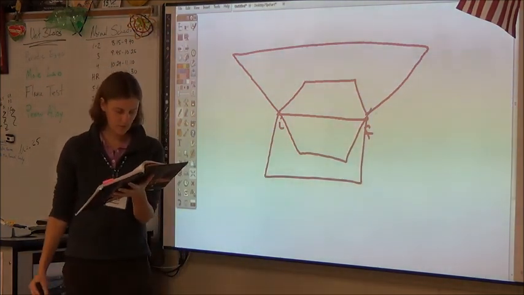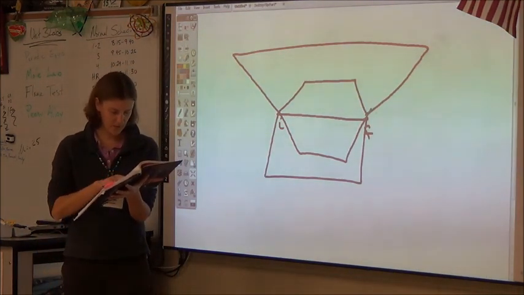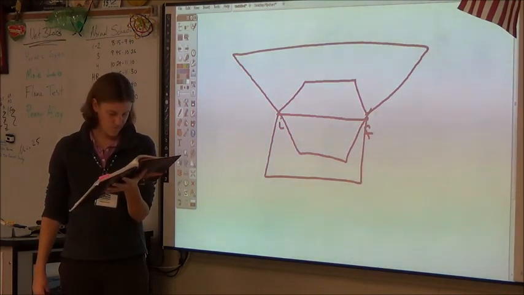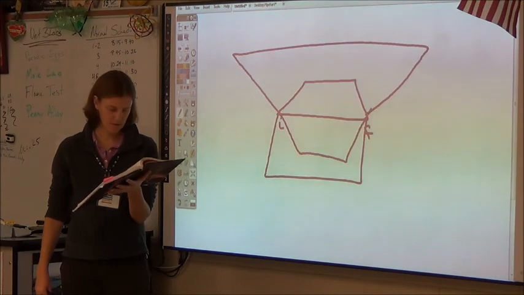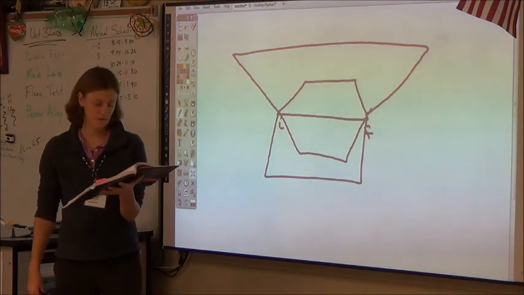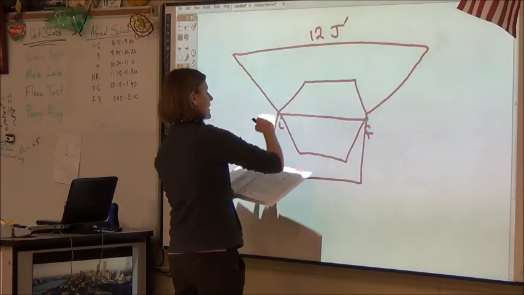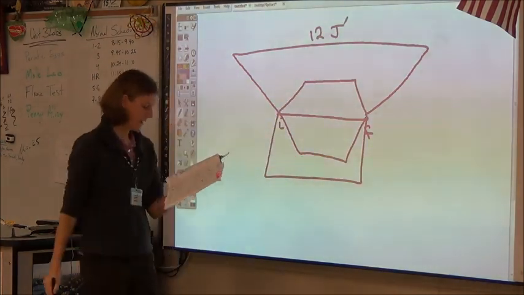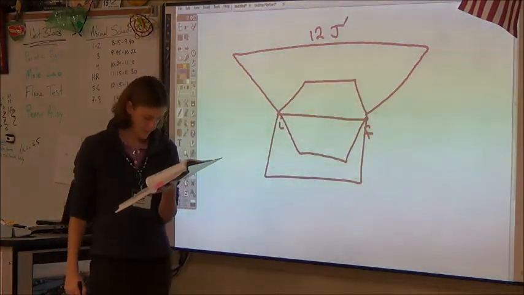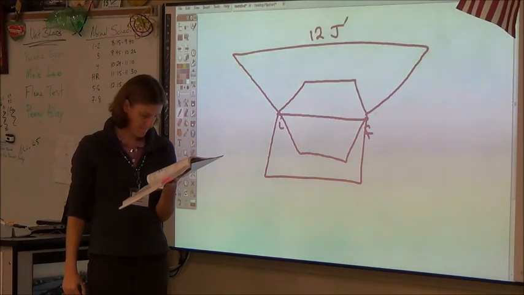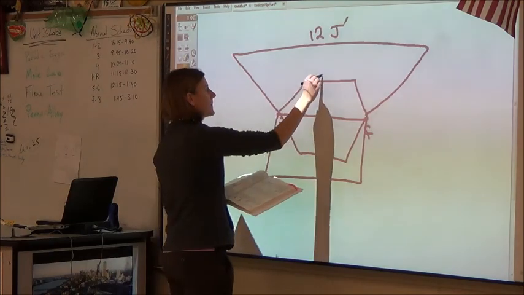What is the work done on the top path add up to? Like the blue. Sorry, the blue. 12. Okay, 12. So 12 joules of work is done from I to F that way. How about the one below it? The pink. Yep. 1.